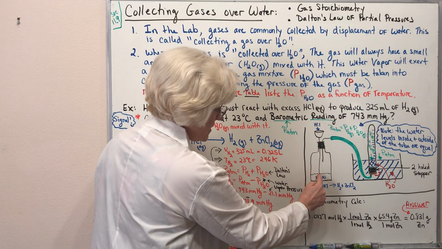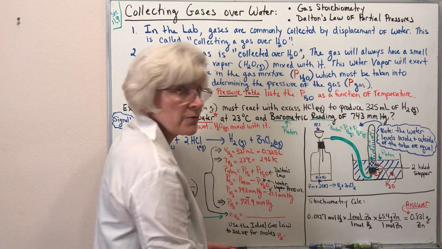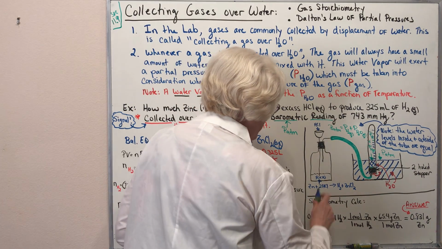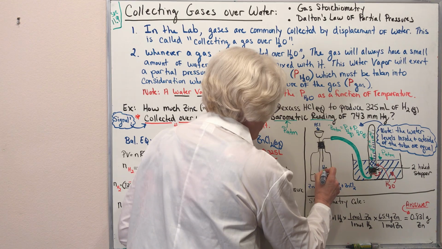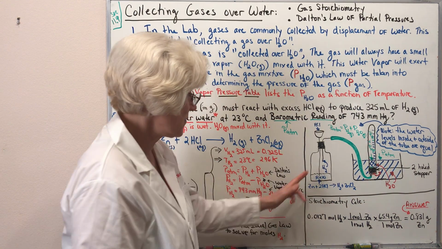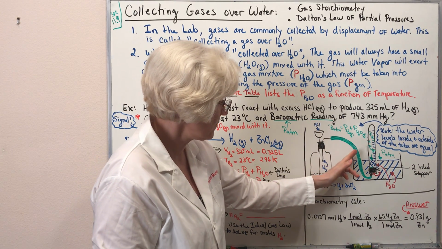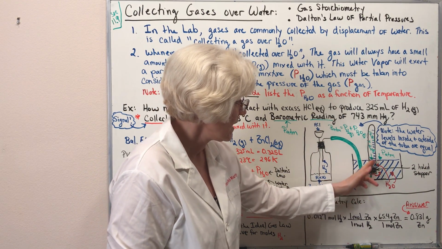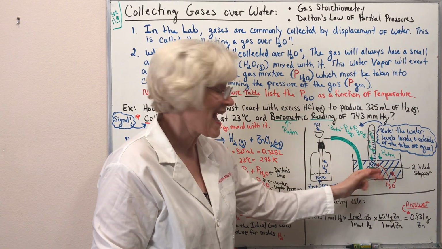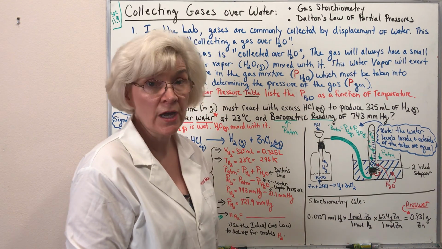Notice that this thistle tube must be submerged below the solution that's present so that when you generate the hydrogen gas from the reaction, it is forced to go into this second shorter tube that is connected with a rubber hose into a tube that I'm going to call a gas measuring tube that has volume markings on it.